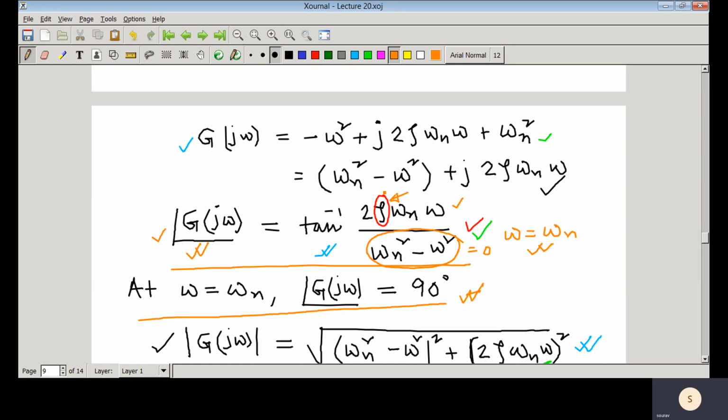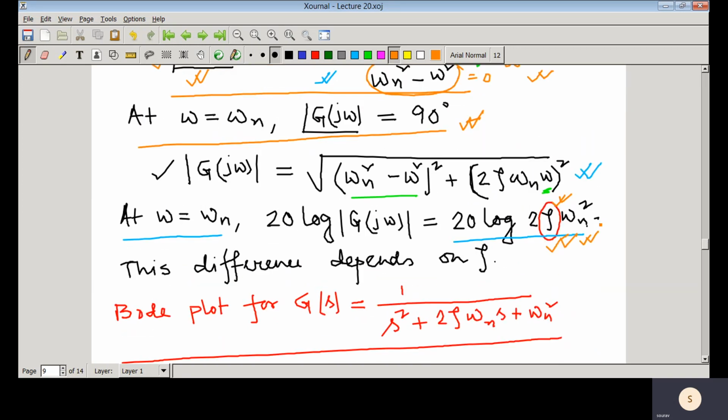But at omega equal to omega n, the phase is always 90 degrees and does not depend on zeta, while the gain does.